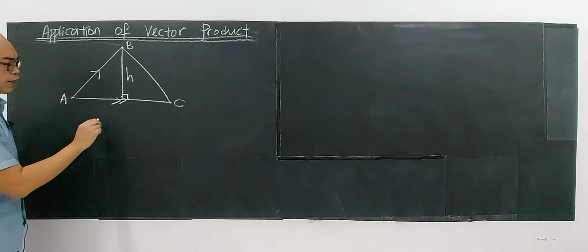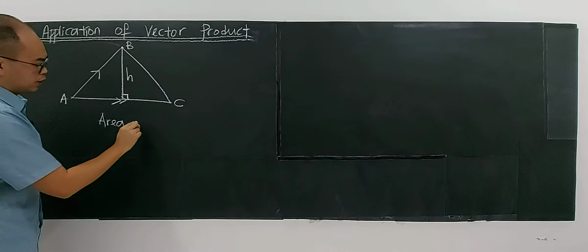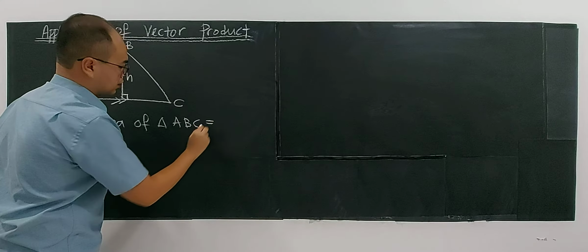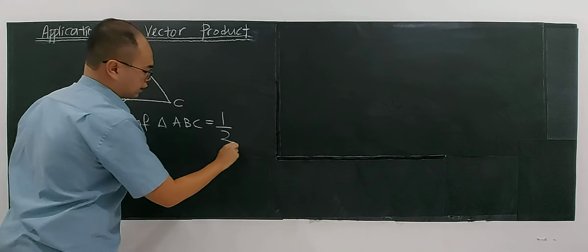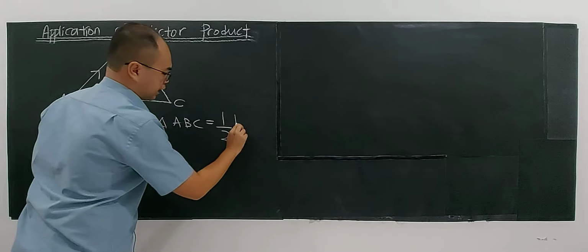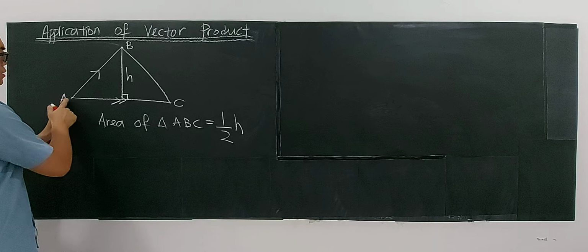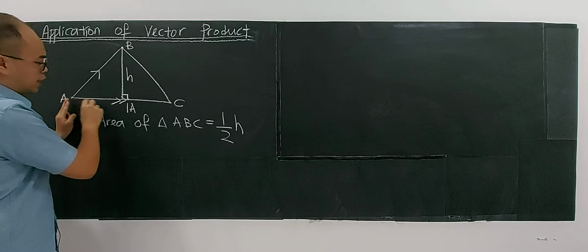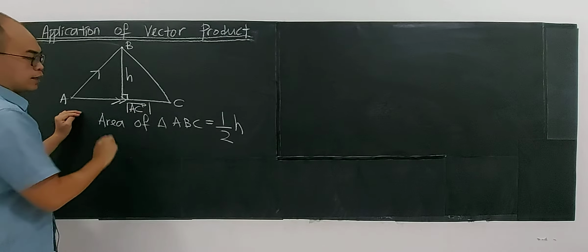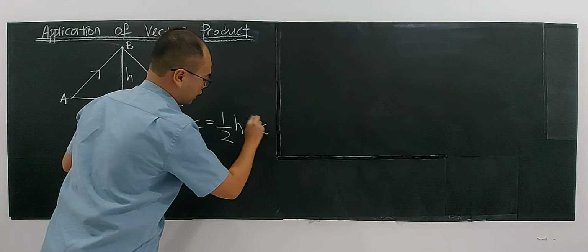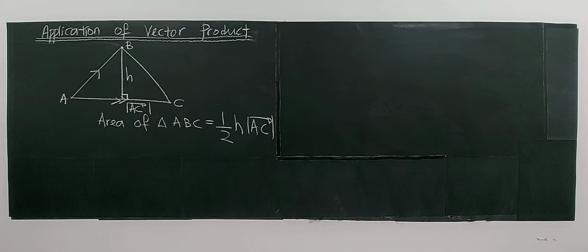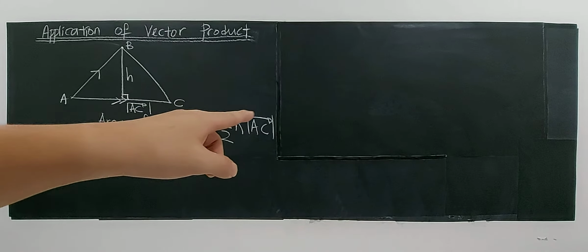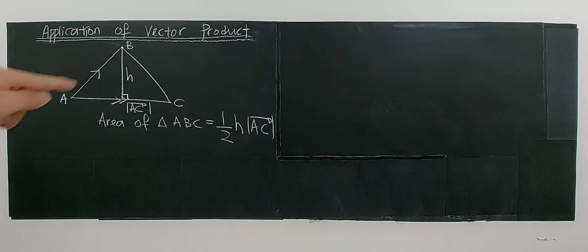The area of triangle ABC is half of the height times the length of the base, A to C. A to C is a vector, so the length of A to C will be the magnitude of A to C. Now I'm going to rewrite the H in terms of magnitude of A and B.